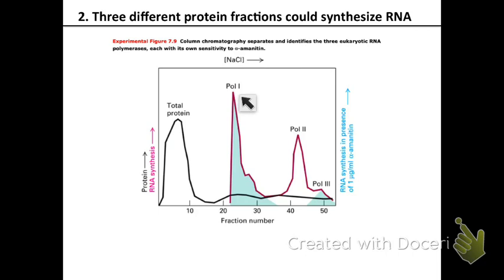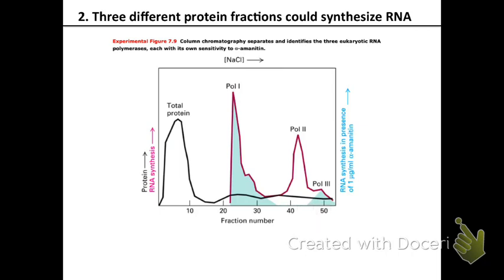Does that make sense? The same is true for the last few fractions that were shown here that are capable of synthesizing RNA. But this fraction here that synthesizes RNA is very sensitive, right? So if you add alpha-amanitin, which is shown in the shaded blue, you no longer see any RNA synthesis at all.